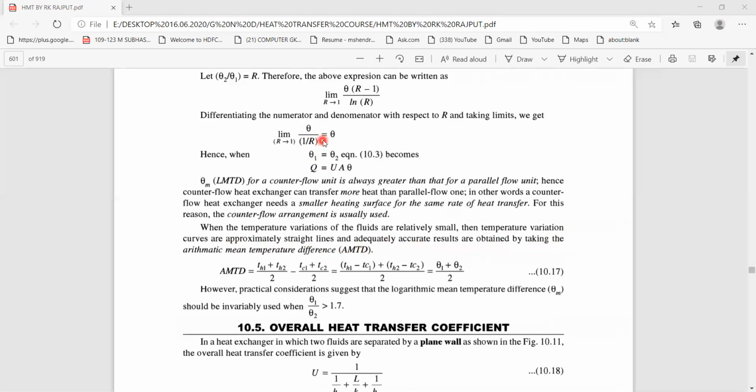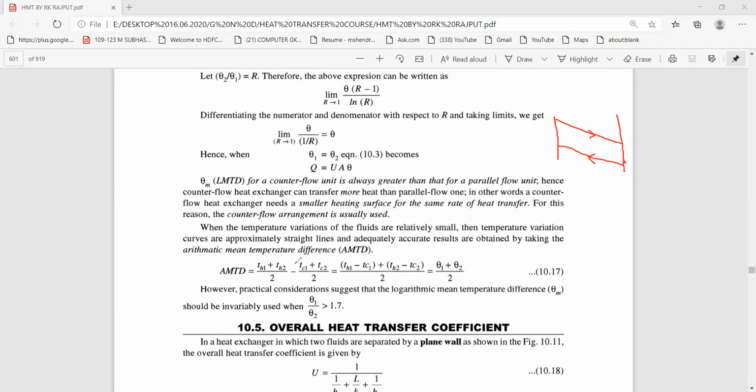If in practical conditions the temperature variation follows a linear relationship, say this is the inlet and this is the outlet, sometimes it will not follow a curved path but a straight line, for the hot fluid and for the cold fluid. In that condition, we use AMTD, the arithmetic mean temperature difference, which is given by theta 1 plus theta 2 divided by 2.